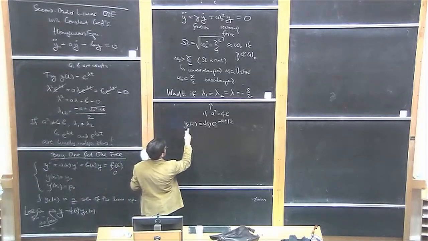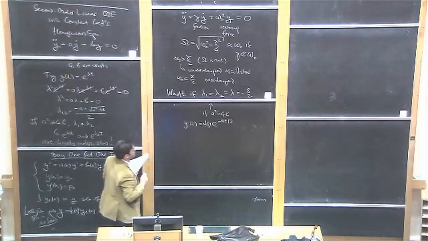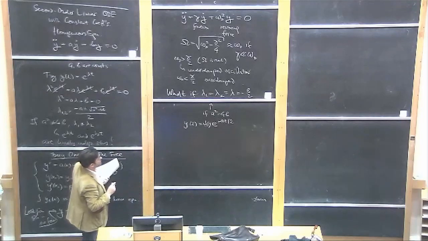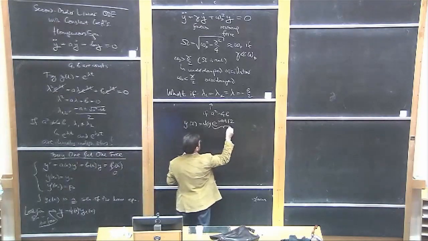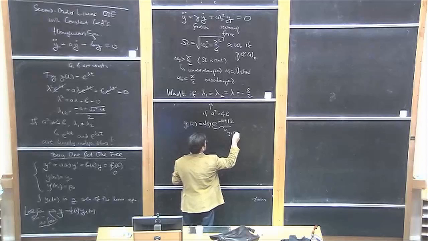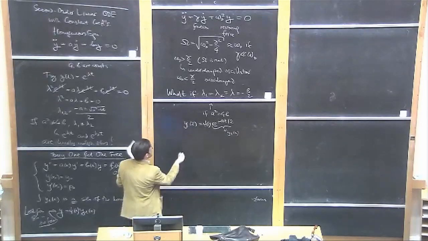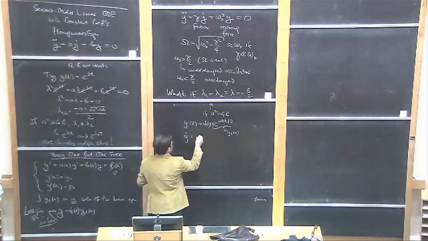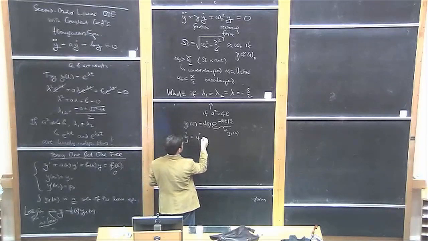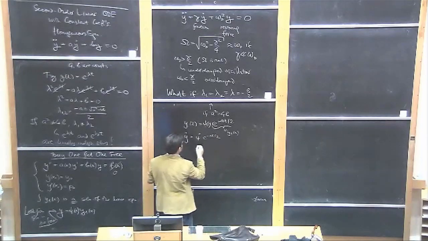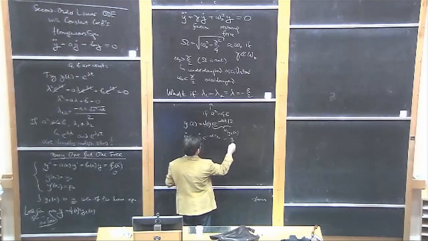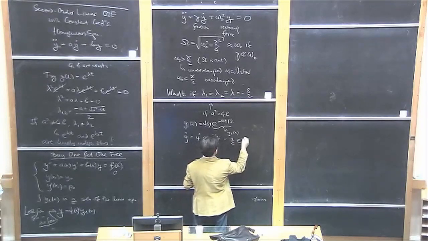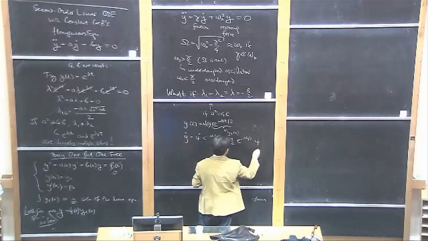Well, okay. So this is now y, right? So that's going to be the general form of the solution. And this here was y1 of x. Well, again, y dot is equal to psi dot e to the minus at over 2 minus a over 2 e to the minus at over 2 times psi.